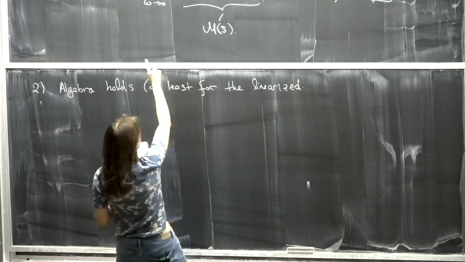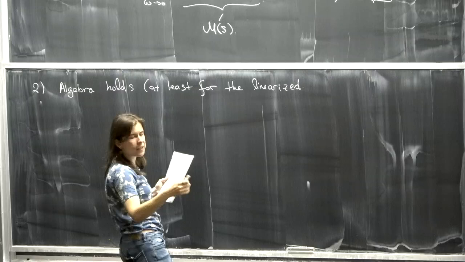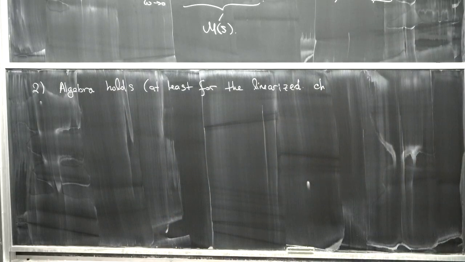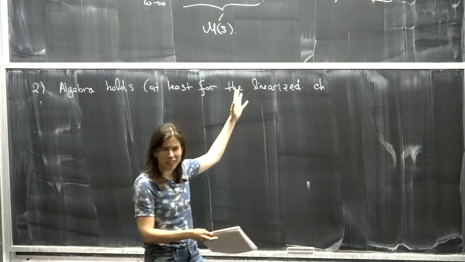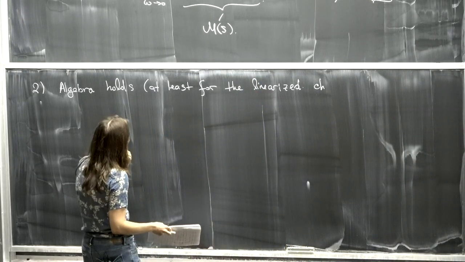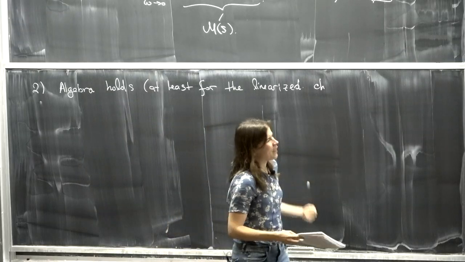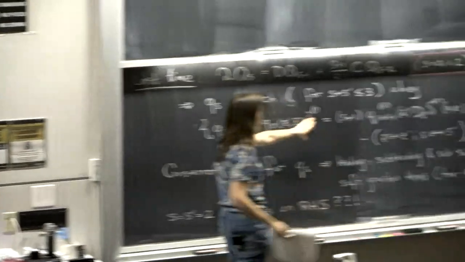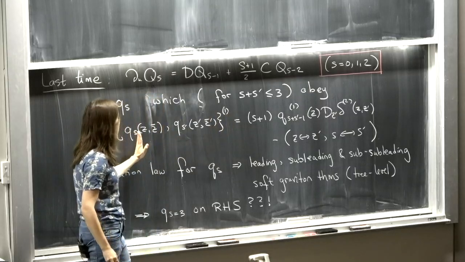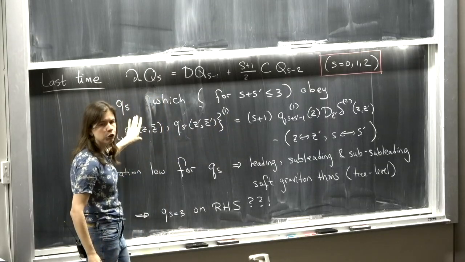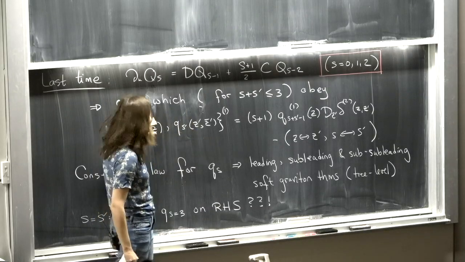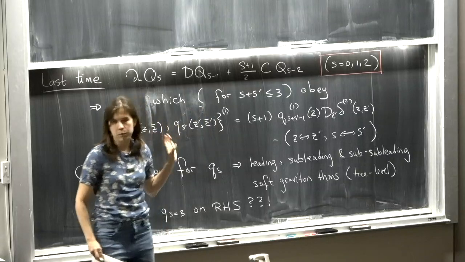So when I say linearized again, it's meaning restricted to linear order in C and N. Sorry, not restricted to linear, I should say restricted to quadratic order in C and N. But actually that turns out to give, up to quadratic order, but looking at just the linear component in that bracket like we have here. So the superscript 1 means that we are projecting onto the linear component of this bracket. But to obtain that linear component, you need to take the quadratic charge and compute the commutator with the linear charge. So the Q2, the quadratic charge, is actually involved in that computation.